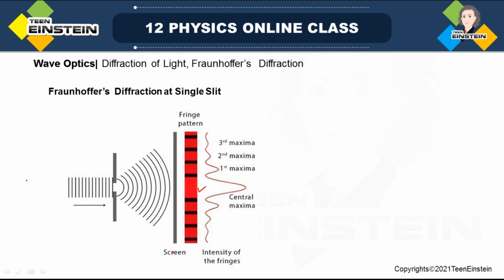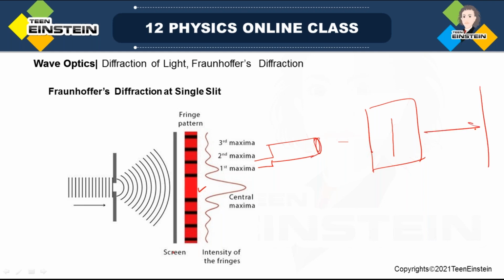If you take a laser light, and take a cardboard with a very narrow slit, you can just cut it once with a blade, and pass light from the laser, you will see at the screen at a large distance a wide bright patch like this, then darkness, and then again bright.